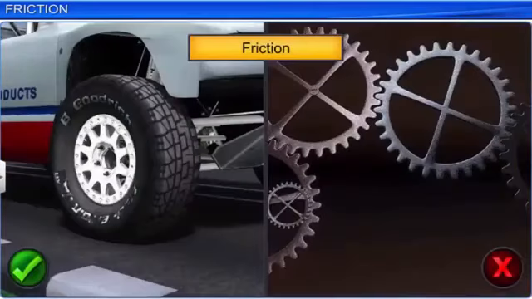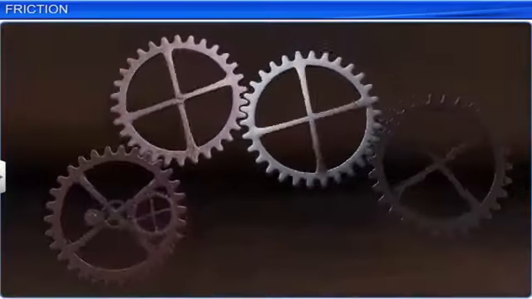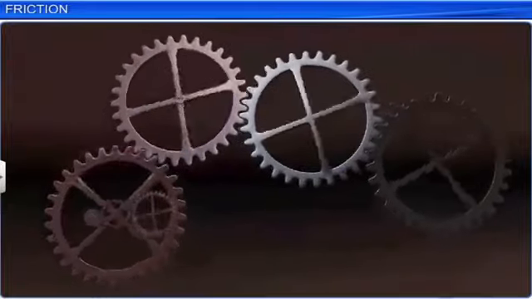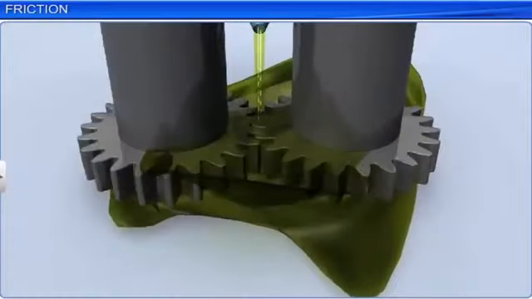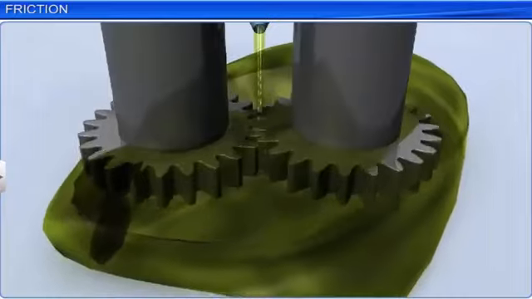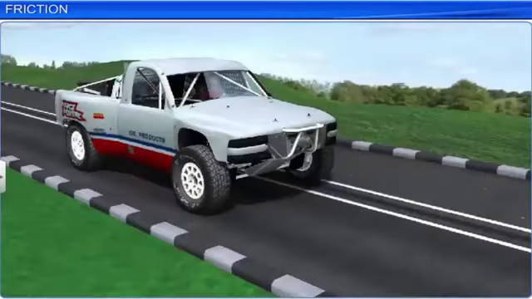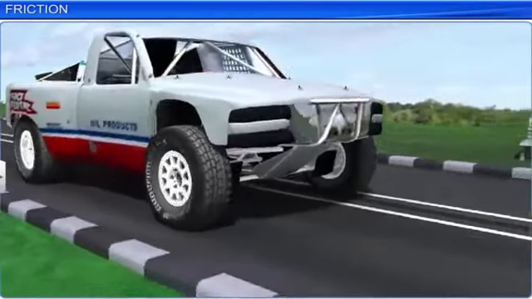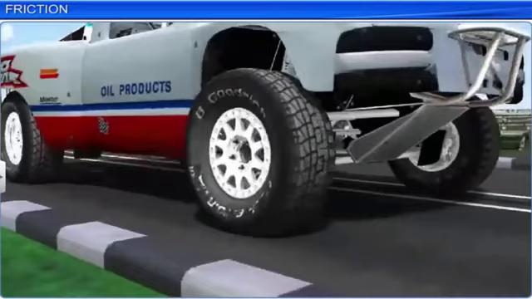Friction is desirable or undesirable depending on the situation in which it occurs. Friction between the moving parts of a machine is undesirable. We try to reduce friction by using lubrication. Friction is desirable when it occurs between the tires and the road's surface.